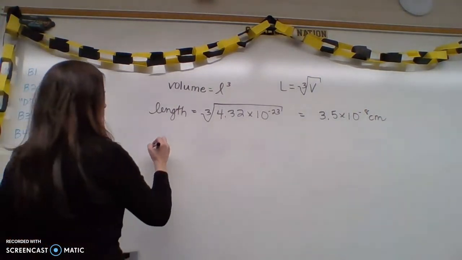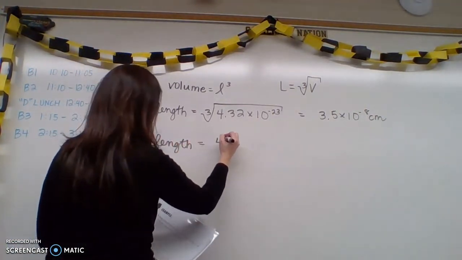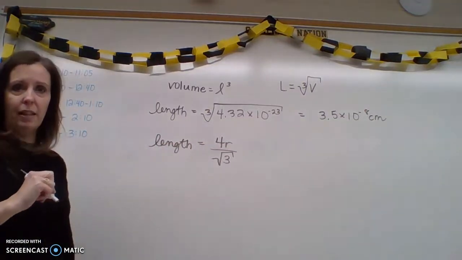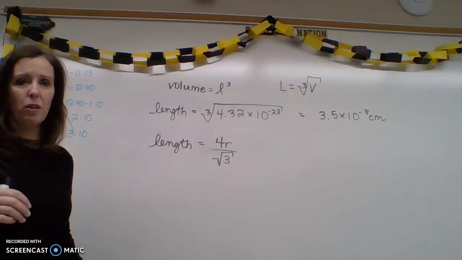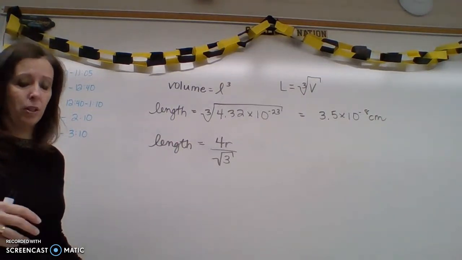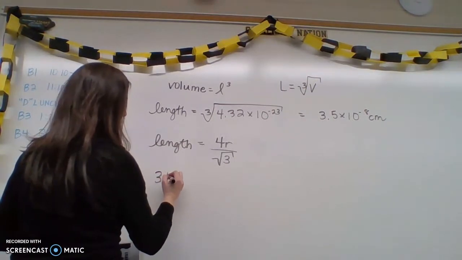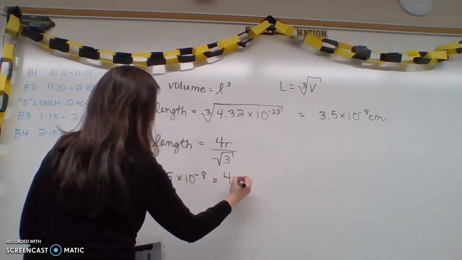Now, I know from my notes that we just took what length equals, because it is body-centered. I had to tell you what type of lattice structure it was, or you couldn't get that right, okay? So I know that length is 3.5 times 10 to the negative 8 centimeters.